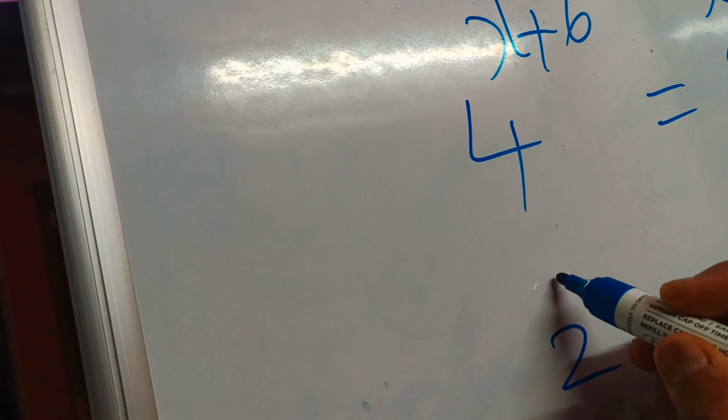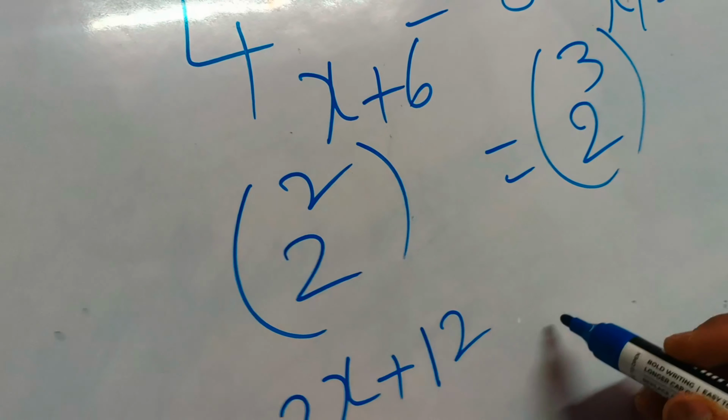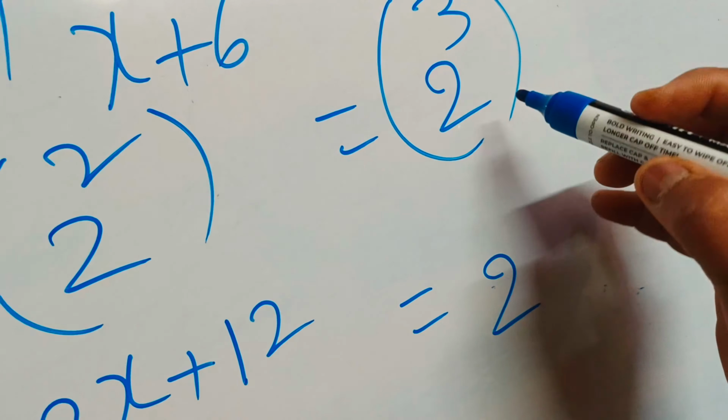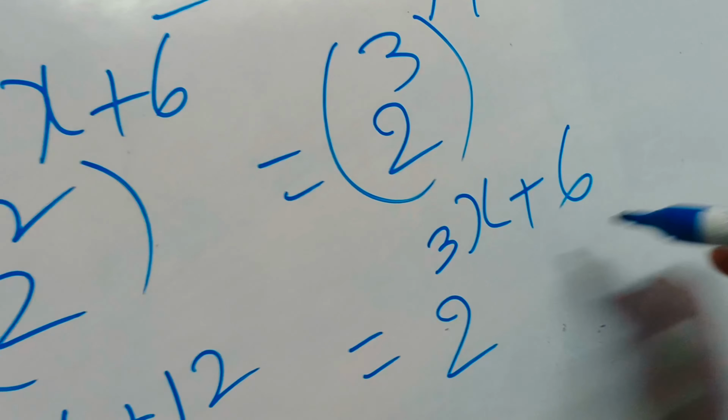So 2 power 2 into x, 2x plus 2 into 6, 12, is equal to 2 power 3 into x, 3x plus 3 into 2, 6.